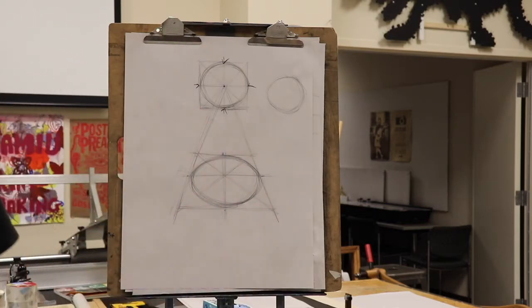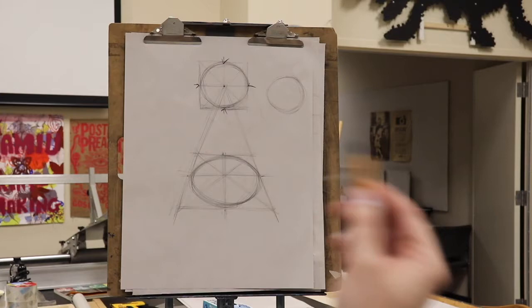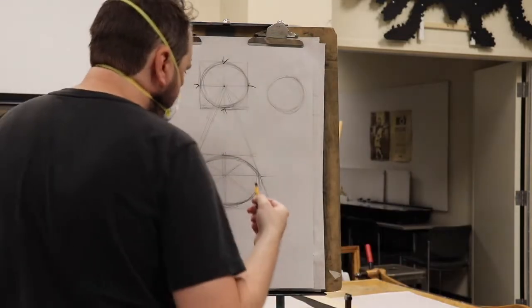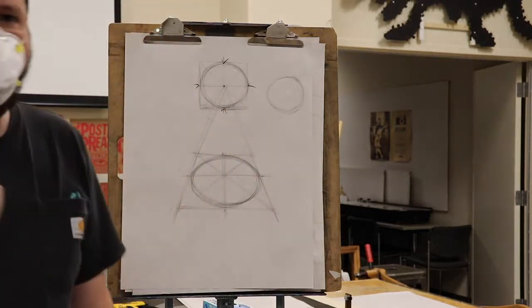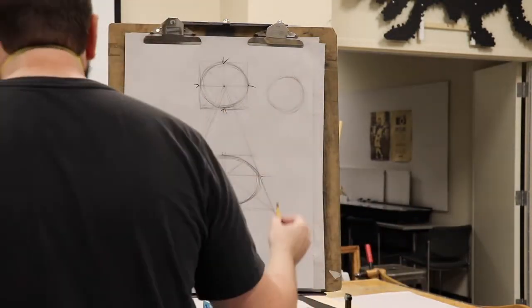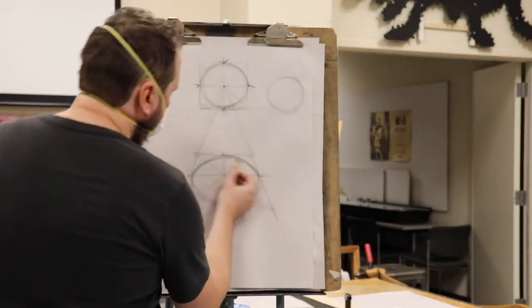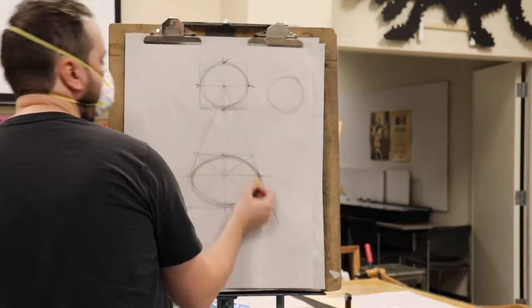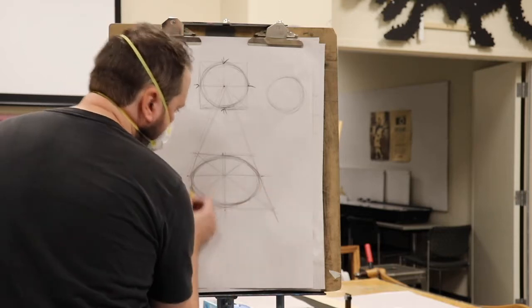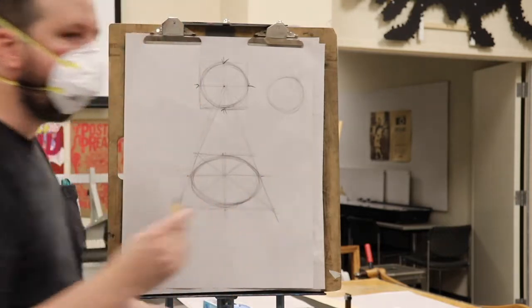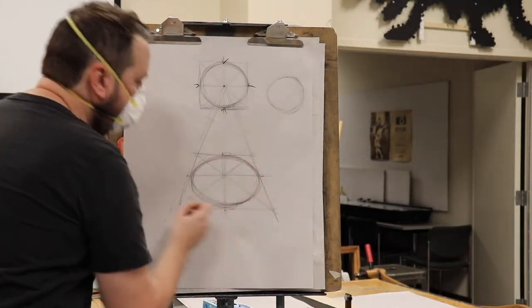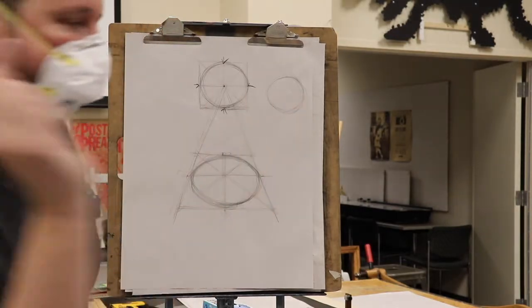So when you're drawing circles and ellipses, you need to make sure you're following the whole thing through. For example, notice how I'm going all the way around, from here to here, here to here, then back. The reason I'm doing that is so I get these nice, natural looking rounded edges.